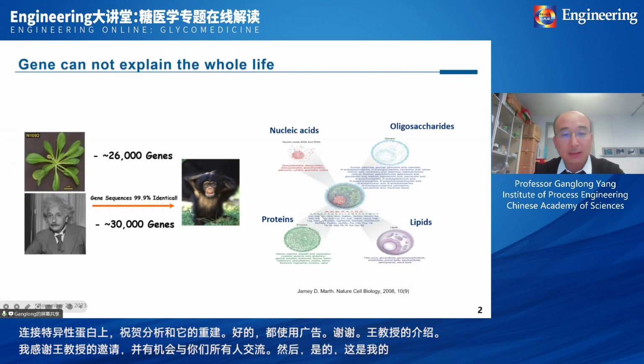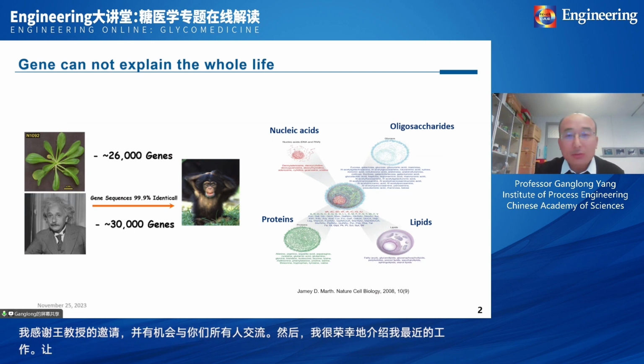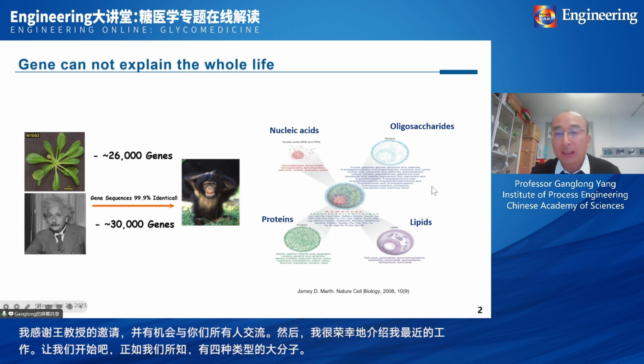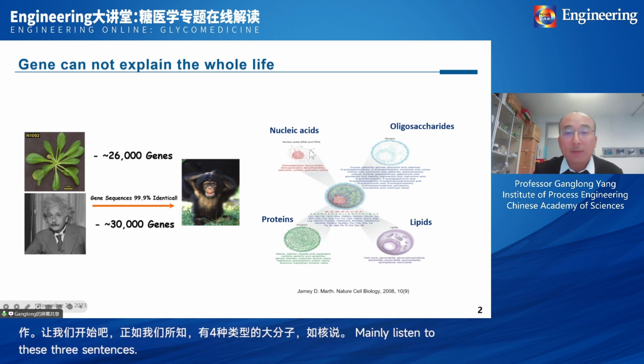So let's start. As we know, there are four types of macromolecules: nucleic acids, proteins, lipids, and glycans. The nucleic acid is the foundation of life, but the gene cannot explain the whole of life.